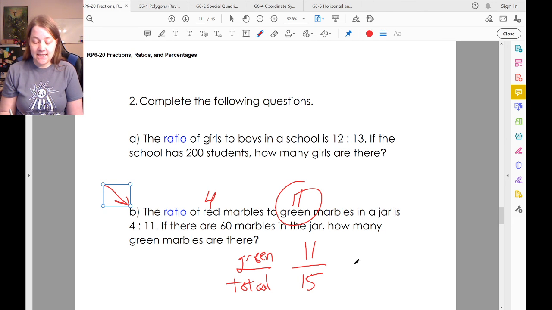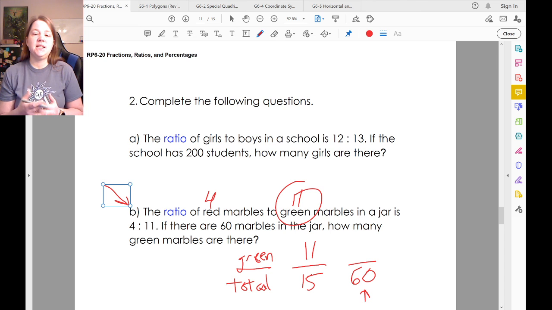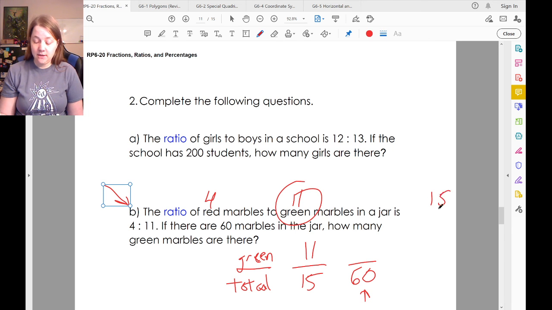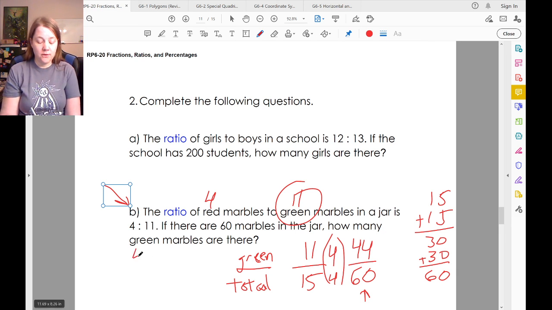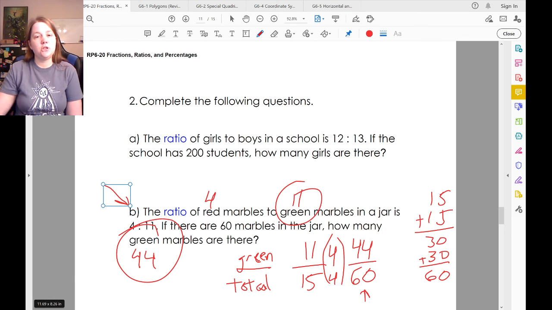If there are 60 marbles in the jar total, I need to know how many times 15 fits into 60. Well, I know that 15 plus 15 is 30, and 2 30s make 60. So I'm going to be multiplying times 4. And 11 times 4 is 44. So there are 44 green marbles in that jar.